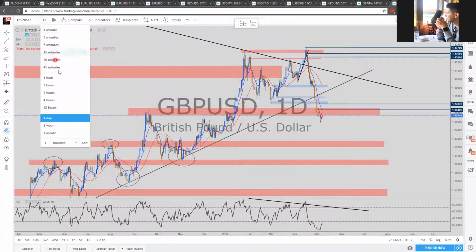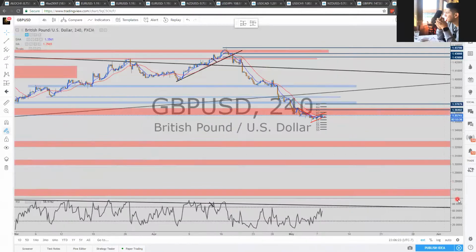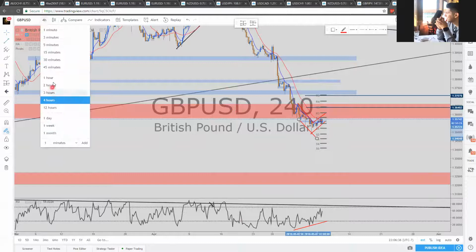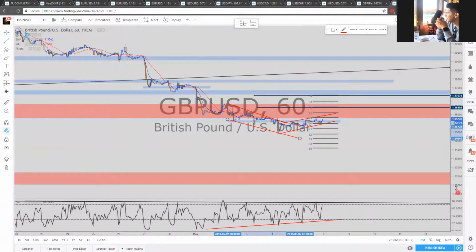That's on the daily. I'll go on the 4-hour. We can see there was some divergence that was happening, which it already did its kind of reversal, reached around the overbought section.